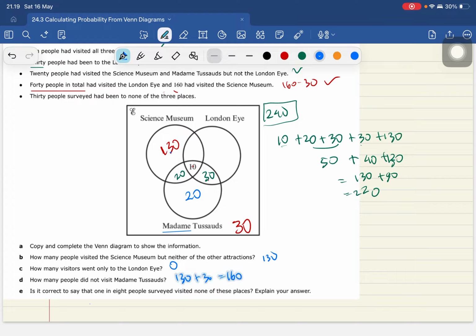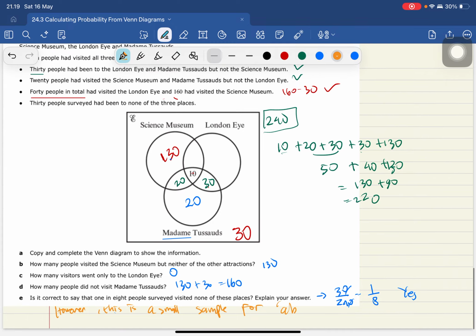Is it correct to say that 1 in 8 people surveyed visited none of these places? Let's check it. The probability is 30 over 240. Okay, this is 1 over 8. Yes, this is possible. However, this is a small sample for a busy city, because London is a busy city.